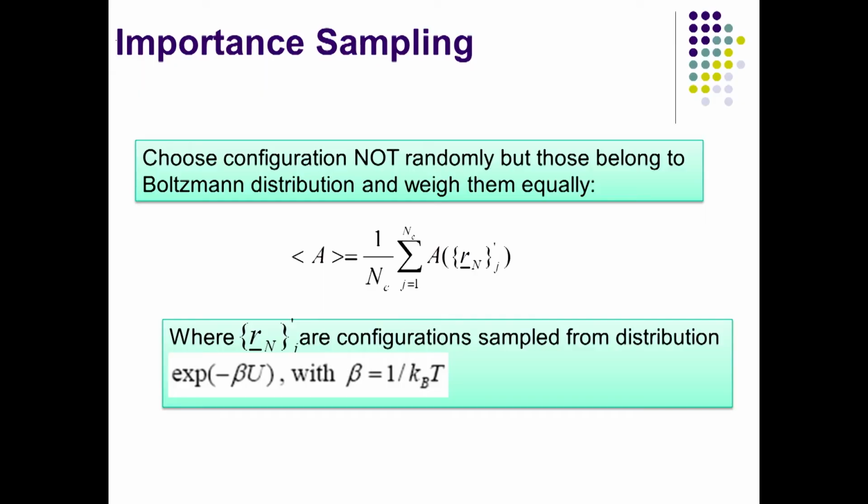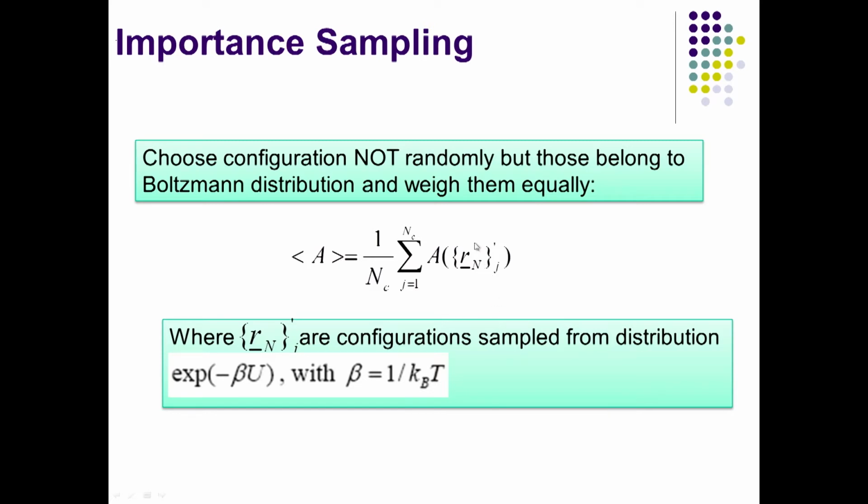Essentially, we need to be very clever in choosing the moves that are meaningful, and that is where the Metropolis algorithm came into being, where we do importance sampling. We look at what moves are important, what are not, and throw them out. If we choose the configurations not randomly, but those that belong to the Boltzmann distribution, and weigh them equally, 1 over n_c, then we have importance sampling with only those configurations that belong to the Boltzmann distribution function.